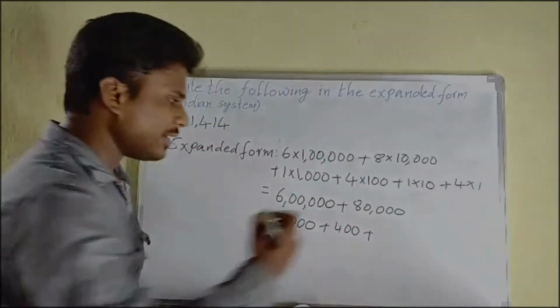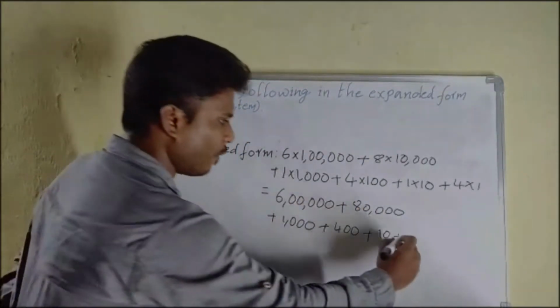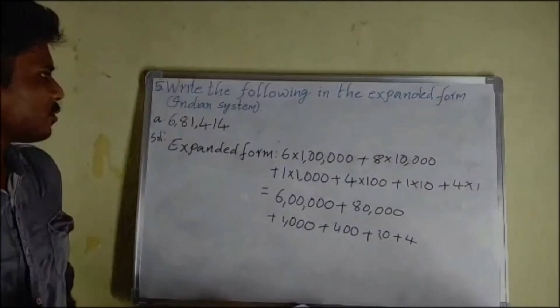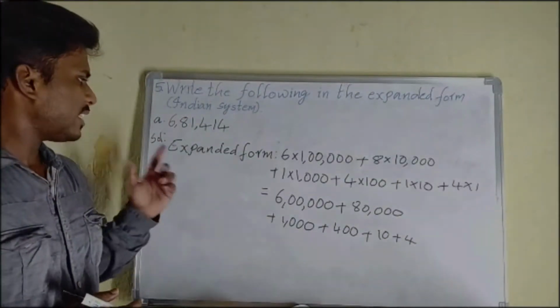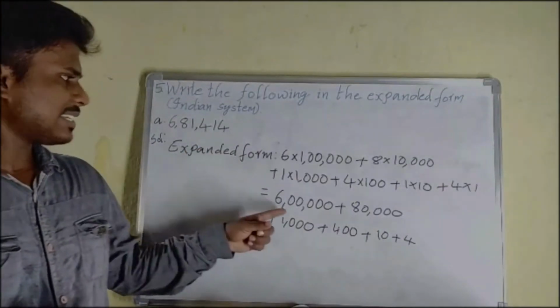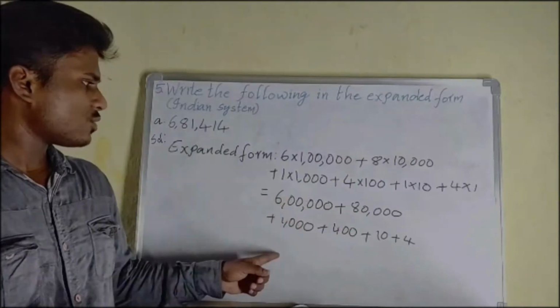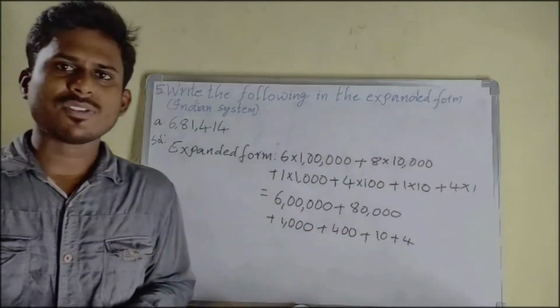Plus 1 into 10, 10. Plus 4 ones, 4. So the given question in standard form is 6,81,414, and the expanded form we wrote in this way. So finally we will get the answer like this: 6,00,000 plus 80,000 plus 1,000 plus 400 plus 10 and plus 4. Okay. Now let us go for the B question.